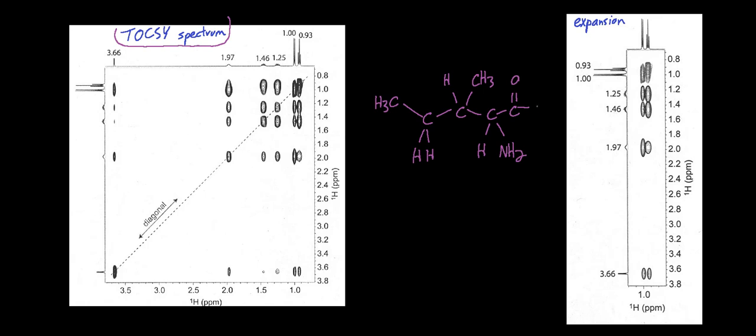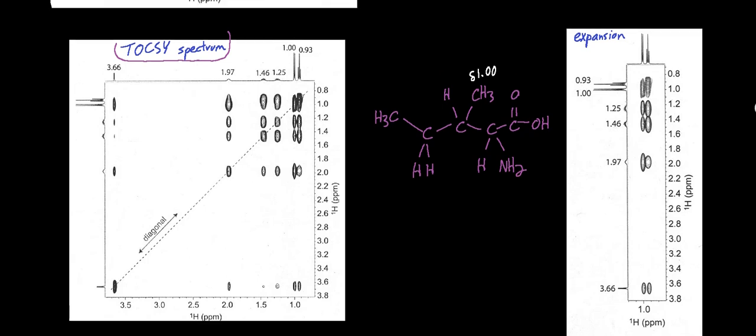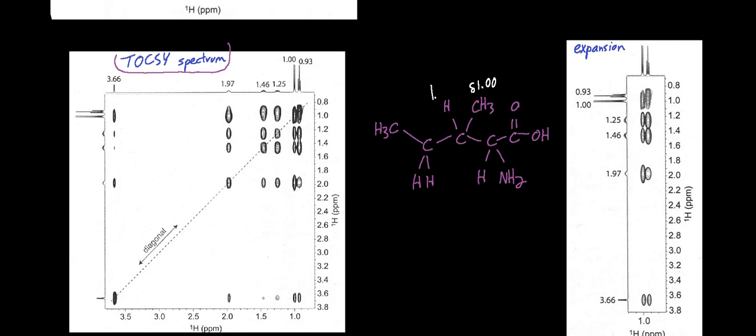And notice we're not seeing any of the signals for the exchangeables. And this was at 1.00 if I recall. And 1.97, 3.66, 1.25, 1.46, and delta 0.93.